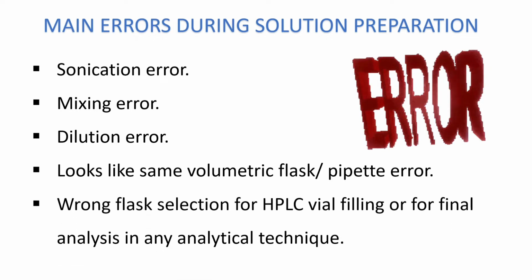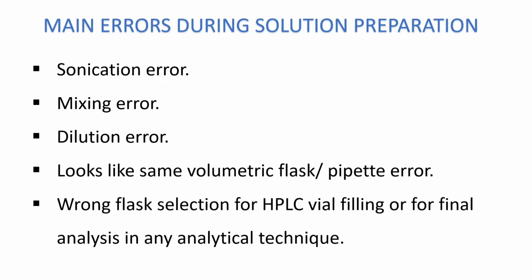Wrong flask selection for HPLC while filling for final analysis in any analytical technique. So what is your final dilution? And this dilution has to be used for the instrument analysis. There is a chance people use the wrong flask. These are all the errors you will see in solution preparation, and we have to discuss how to handle all these errors.